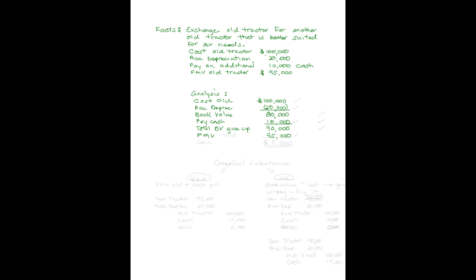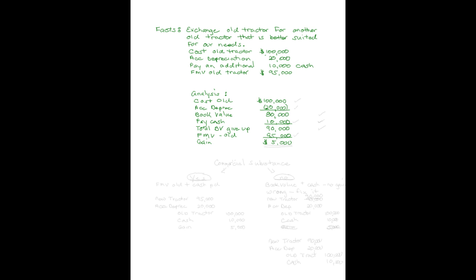The fair market value of our old tractor, which is what we're going to use because it's our first choice, is $95,000. And from all of this, is that a gain or loss? If you give up $90,000, the fair market value of what you get is $95,000, then you have a gain of $5,000.